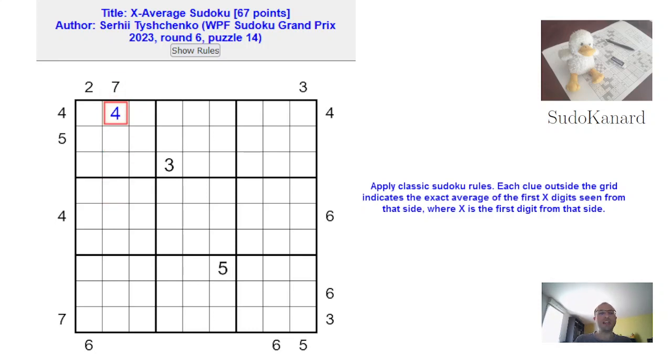This 7 should be the average value of the first 4 digits, which means that those digits should sum to 28, which would be feasible with 7, 8, 9 here. It could also be a 5, with those 5 digits summing to 5 times 7, which is 35, which can be achieved by 6, 7, 8, 9.